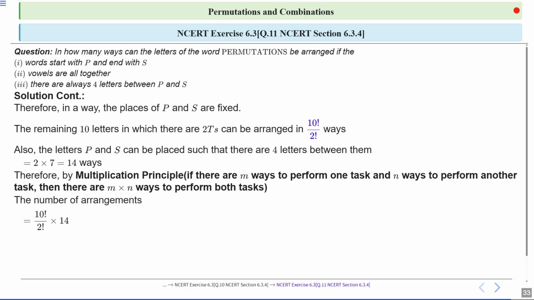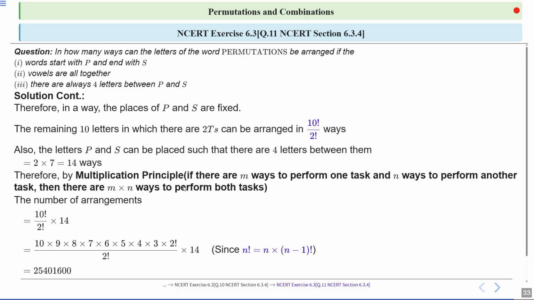The number of arrangements is 10 factorial upon 2 factorial multiplied with 14. Simplifying and using n factorial equals n times n minus 1 factorial, we get 10 into 9 into 8 into 7 into 6 into 5 into 4 into 3 into 2 factorial upon 2 factorial, multiplied with 14. Further simplifying, you will get 25401600.